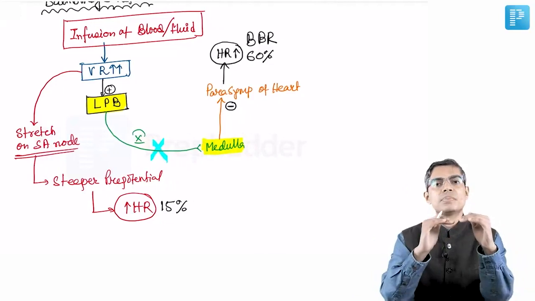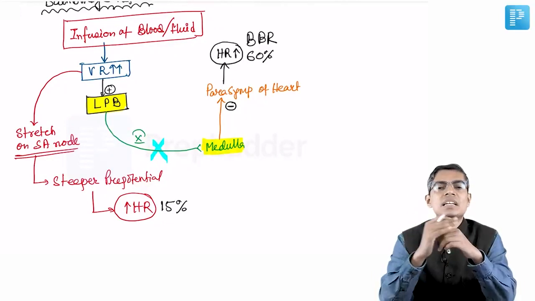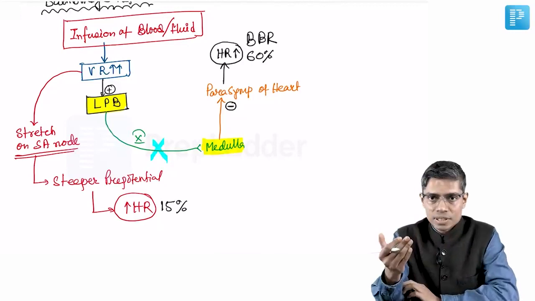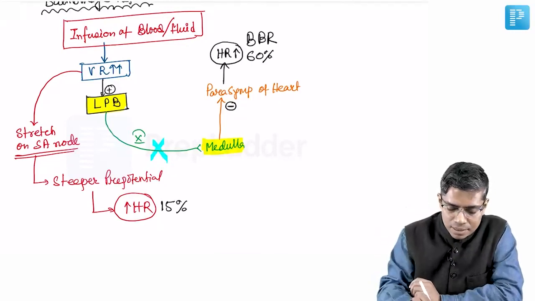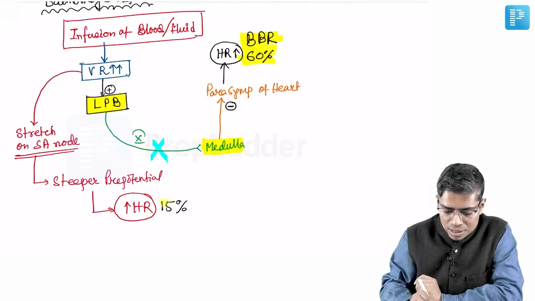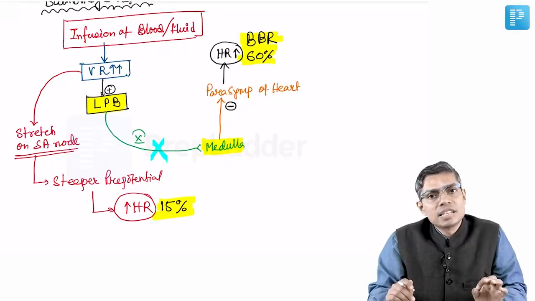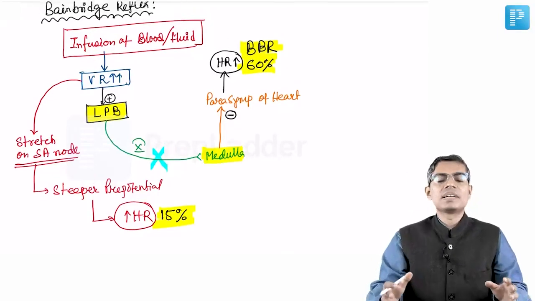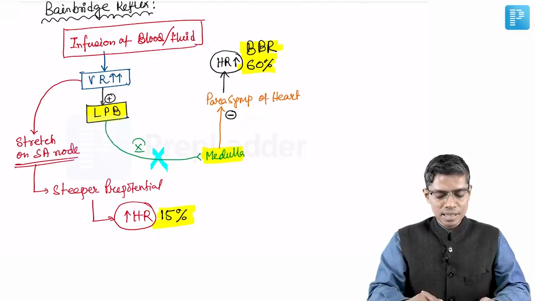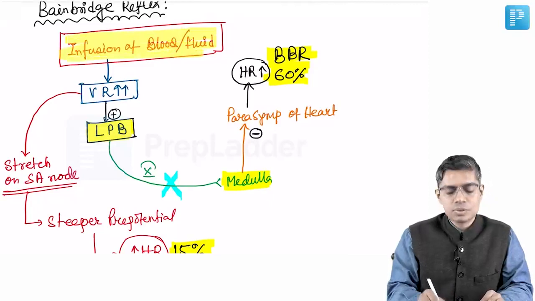So if your basal heart rate is 100, a 75% increment of heart rate is possible by these two pathways: one is the direct Bainbridge reflex and the other is the indirect stretch on the SA node. So a 75% increment of heart rate is possible by infusion of blood or saline by these two reflex pathways.